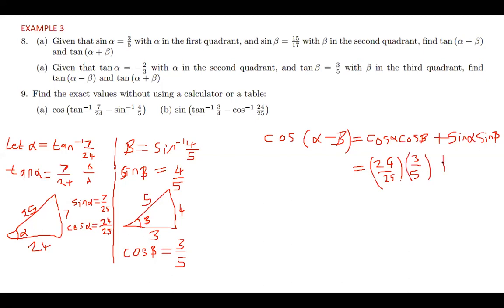And then plus sine alpha, which is 7 over 25. You put it in brackets like that. And then we also replace sine beta, which we are already given as 4 over 5.